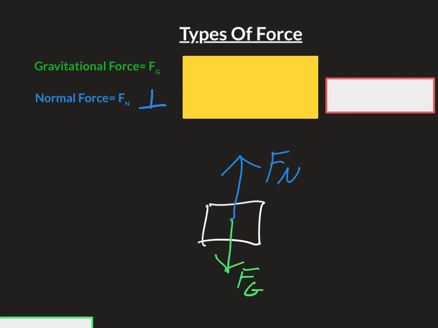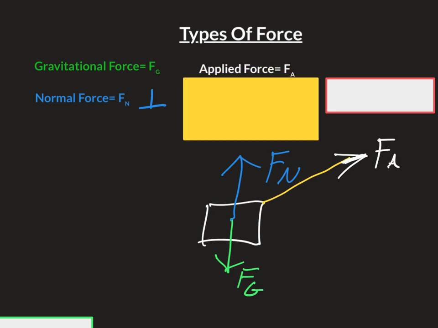Now, let's say that I had a rope on this and I was applying a force upward, okay? That force that's applied upward or at an angle is simply called an applied force, okay? And that's what we have there with the capital F and subscript capital A. But I said that was a rope, and I said that for a very specific reason.